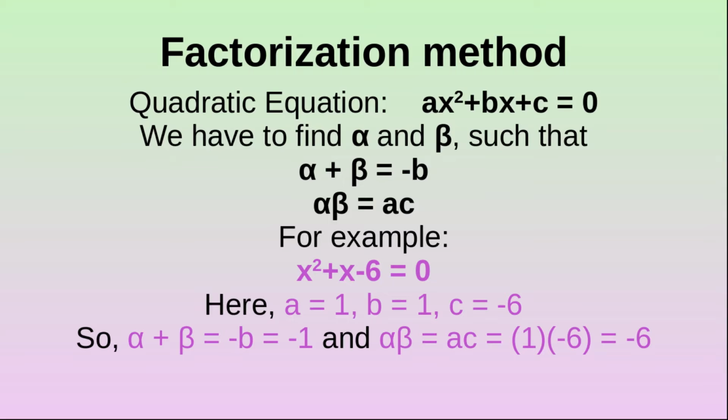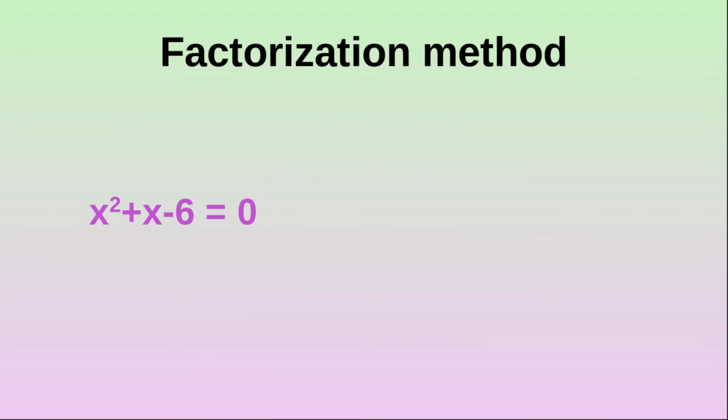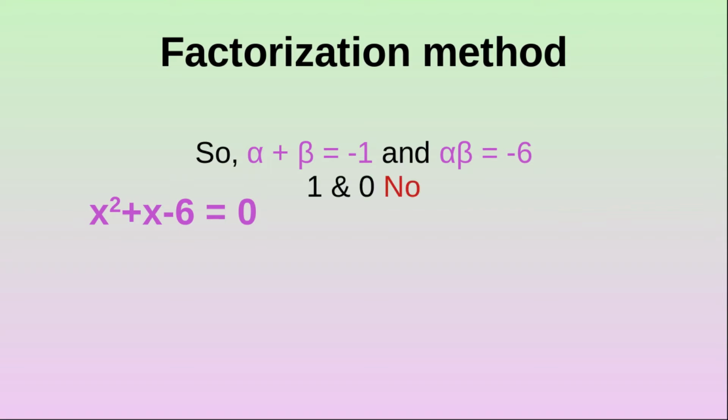And at the same time we should have alpha into beta is equal to ac, that is 1 into minus 6, that is equal to minus 6. So the roots of the quadratic equation x squared plus x minus 6 is equal to 0 should satisfy the following relation, that is alpha plus beta is equal to minus 1 and alpha into beta is equal to minus 6.